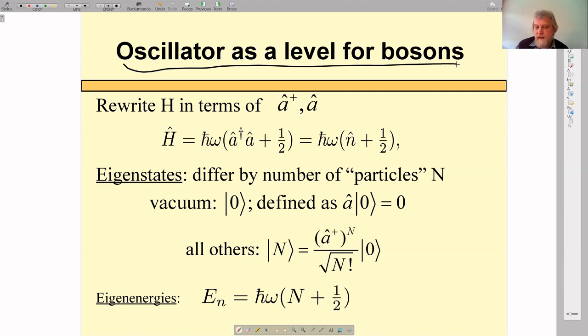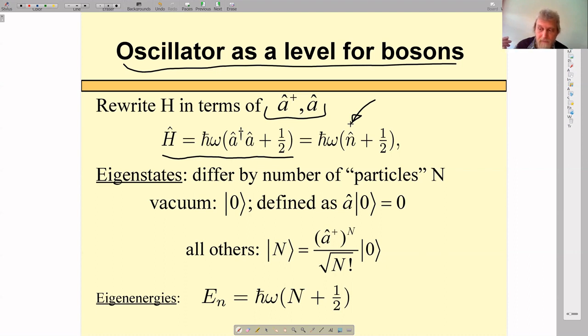First of all, the Hamiltonian. In terms of operators, it reduces to this quantity. Here, n is the number of particles, the number of excitations in the oscillator. We see that particles in the oscillator do not interact.